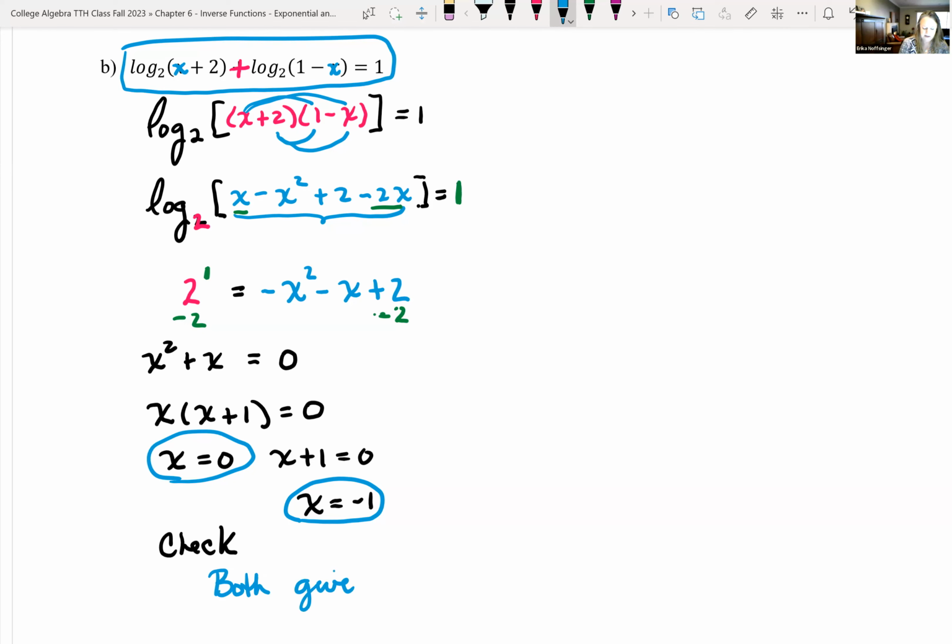Both give us a log of a positive number, so we are okay. We don't need to exclude any of those answers from our solution set.